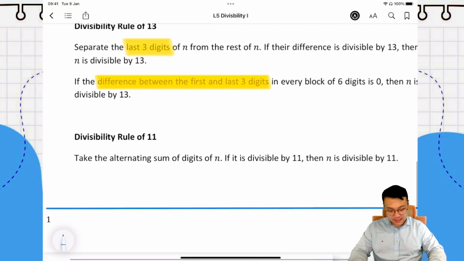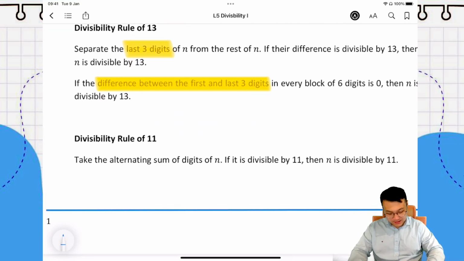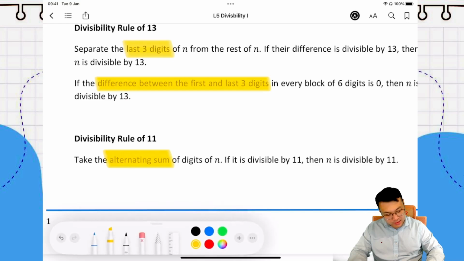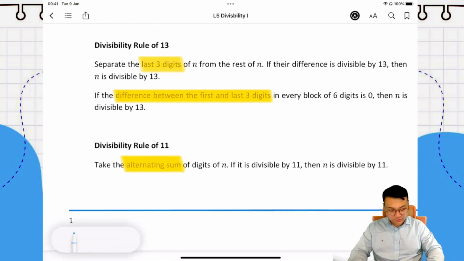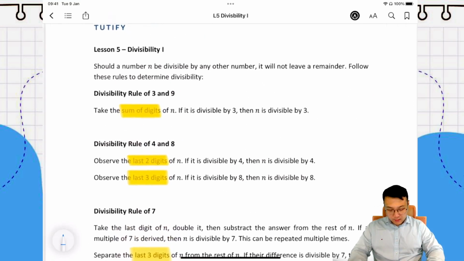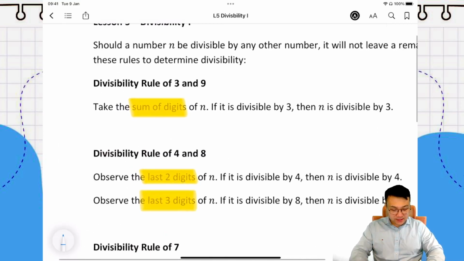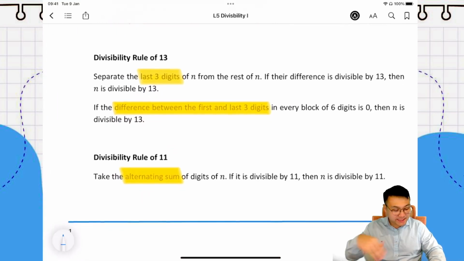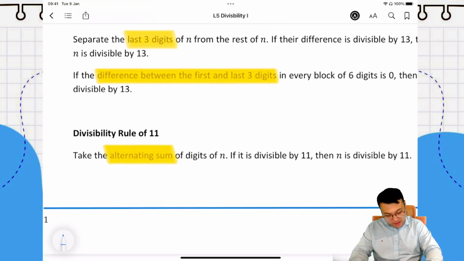And now number 11. In 11, you must find the alternating sum of the digits. Just now for number 3 and number 9, we just find the sum of the digits, right? But for 11 it is the alternating sum. Let's say we have this number.